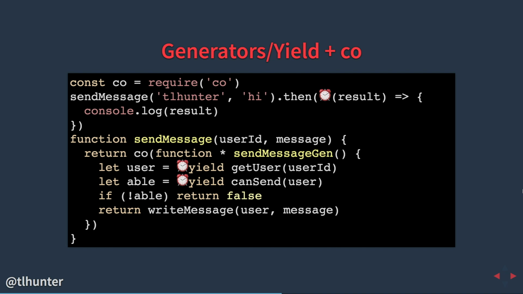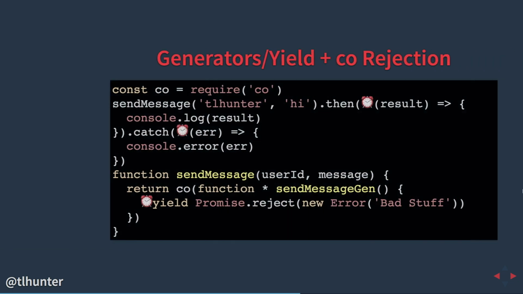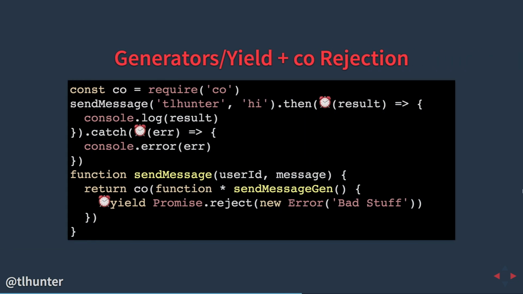These second, third, and fourth lines look exactly the same as they did in our promise code. Now within our send message function, you can see that we're returning a call to the co library, which has wrapped this generator function. This code looks much simpler. We don't have to deal with that back and forth manually. The cool thing about co is that if at any point one of those promises rejects, then the overall co promise itself will reject.